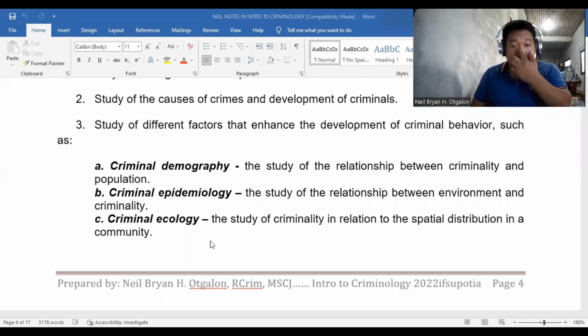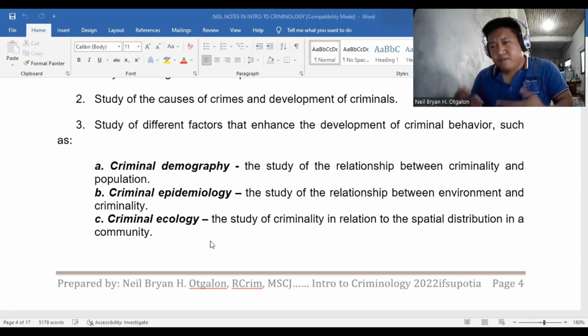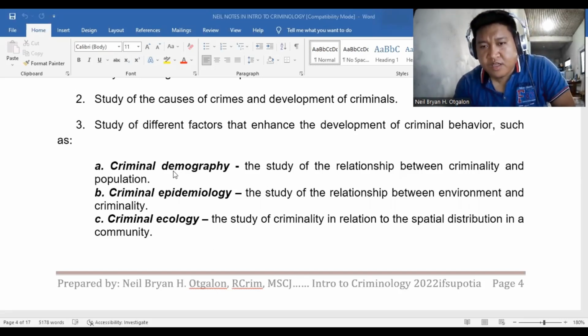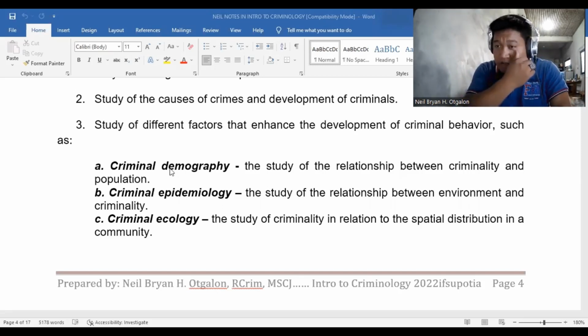There are some studies in criminology that have been conducted in order to understand why people engage in criminal activities. Number one is the so-called criminal demography. It came from the word demography. This is the study of the relationship between criminality and the population.